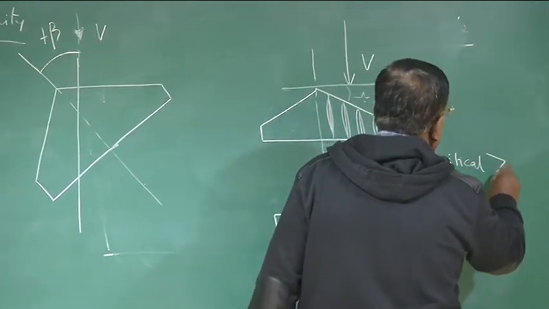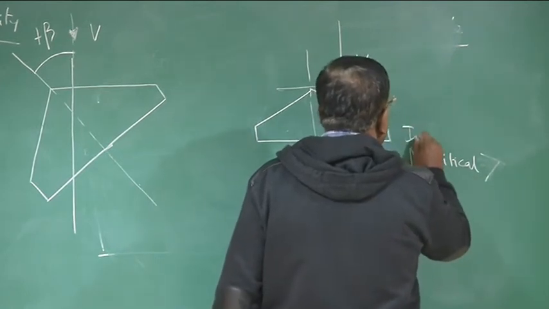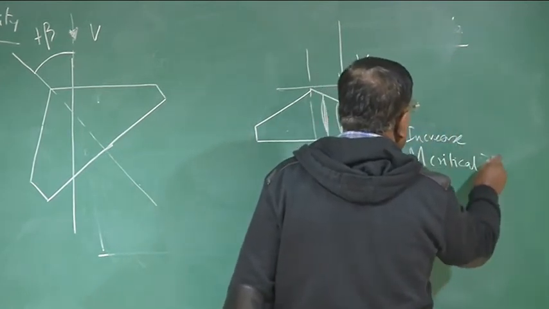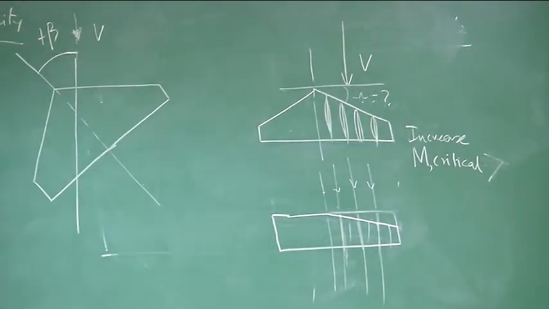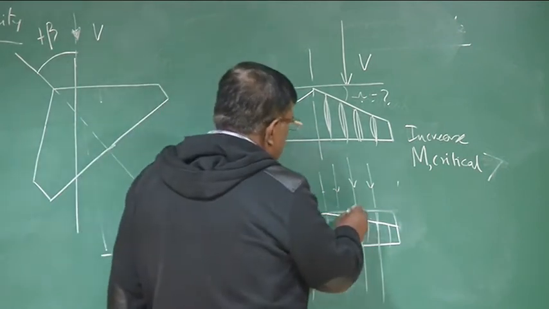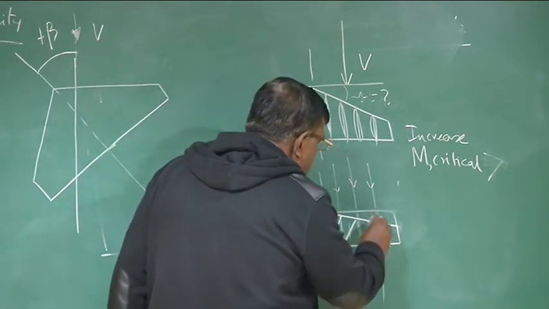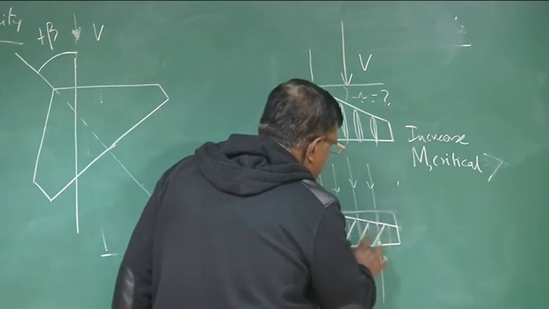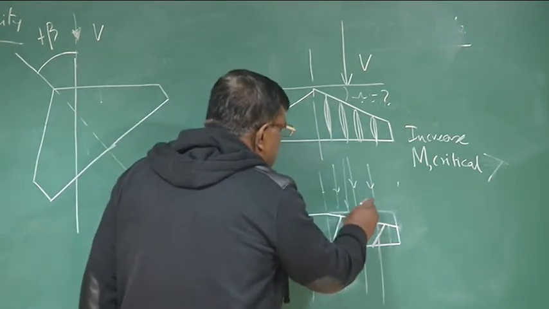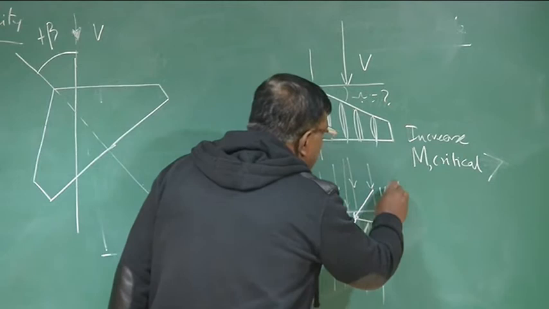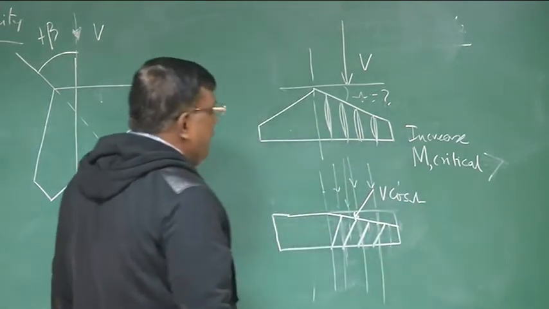We want to increase the critical Mach number. I repeat, we want to increase M critical, the critical Mach number. What is the critical Mach number? It is that free stream Mach number at which, for the first time, some point on the aircraft attains Mach equal to 1. So if I give a sweep like this, with the aerofoils stacked like this, even if the speed is like this, the normal component becomes V cos of the sweep angle.